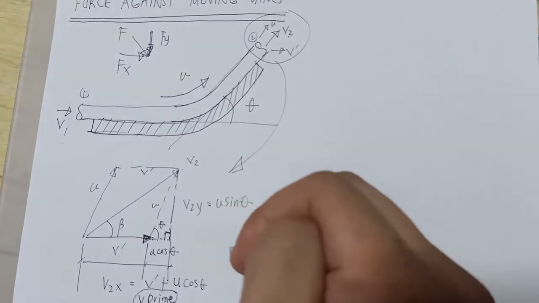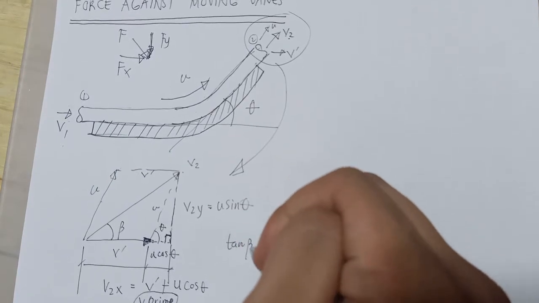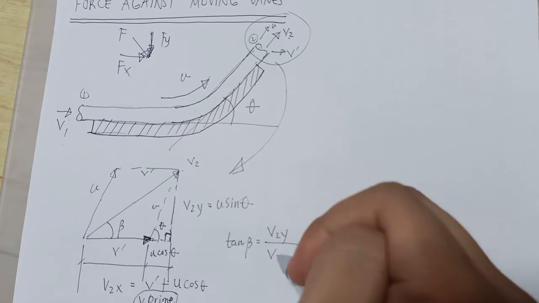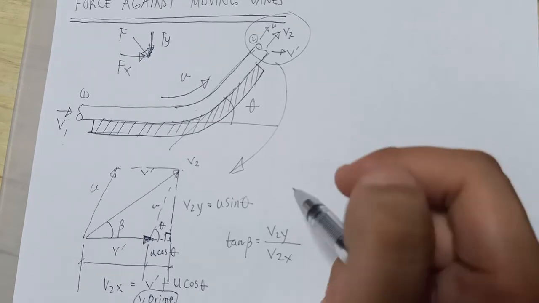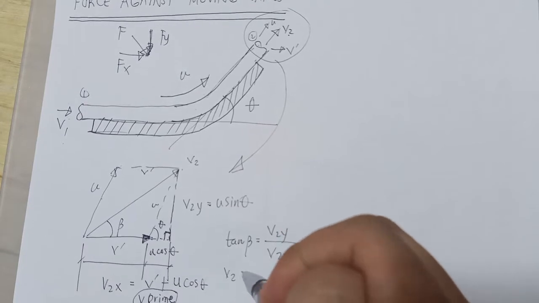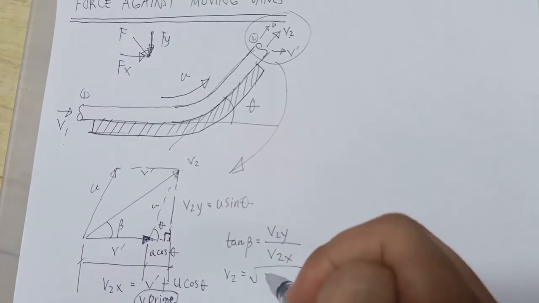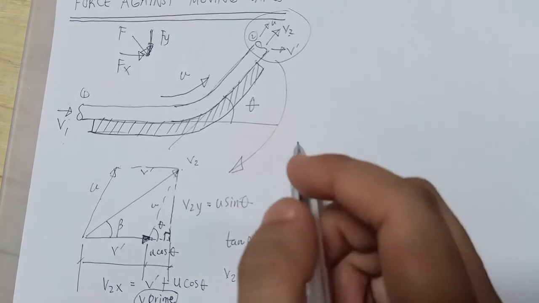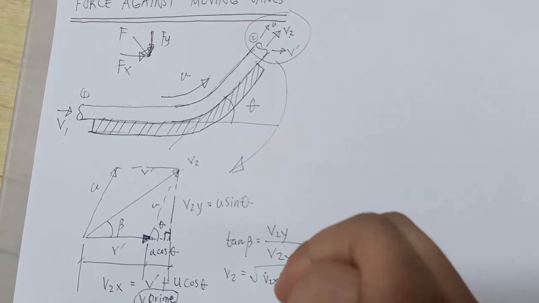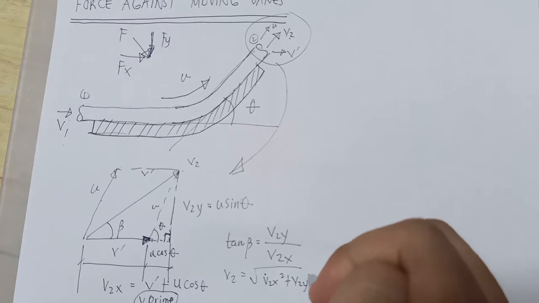Therefore tangent beta is equal to V2y over V2x, as well as V sub 2 equals the square root of V2x squared plus V2y squared.